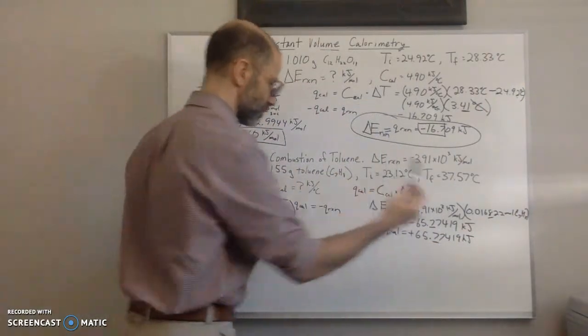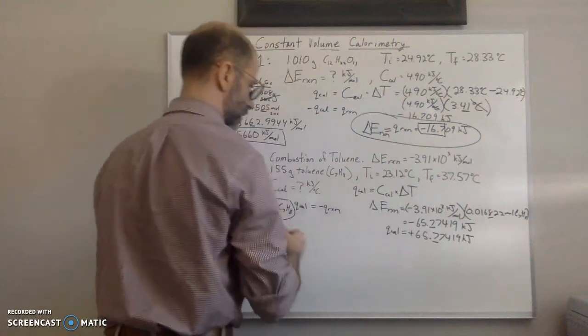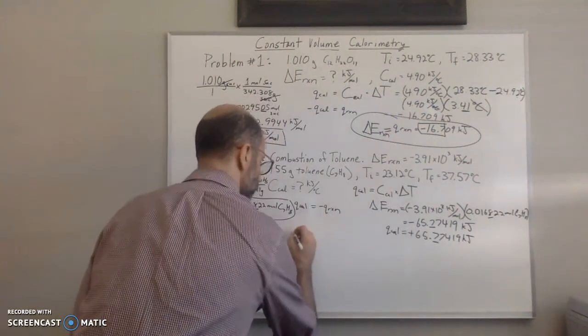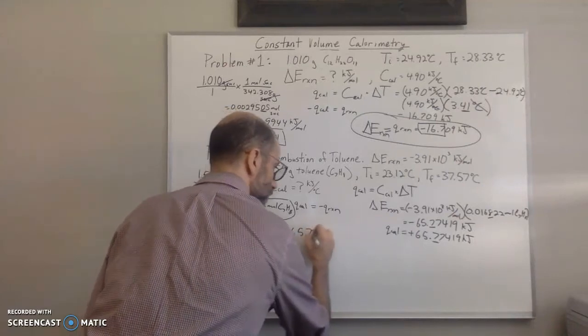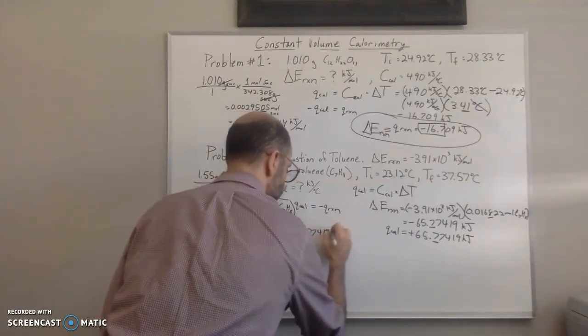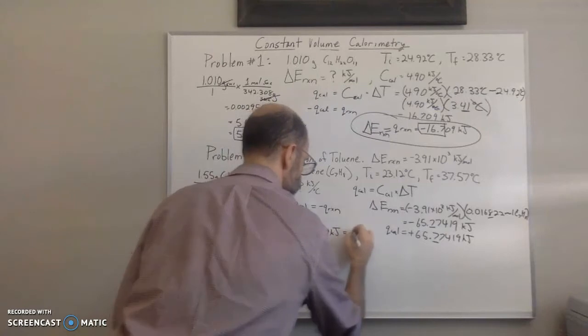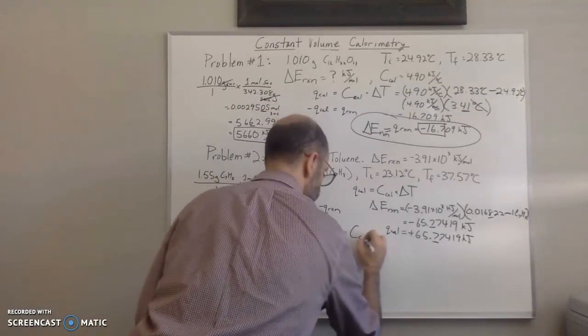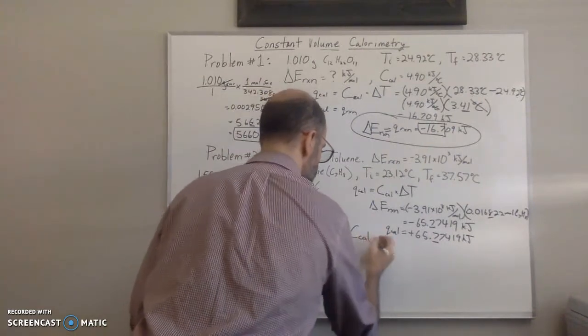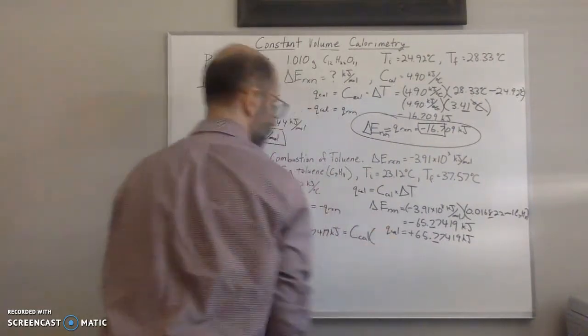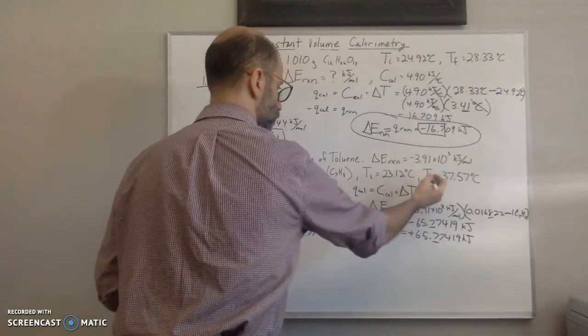And so now we can plug this in. So we have positive 65.77419 kilojoules is equal to the calorimeter constant, or the specific heat of the calorimeter, multiplied by the change in temperature, which is final minus initial.